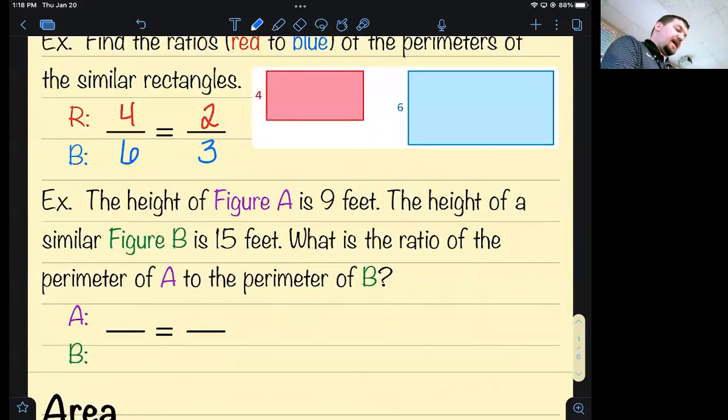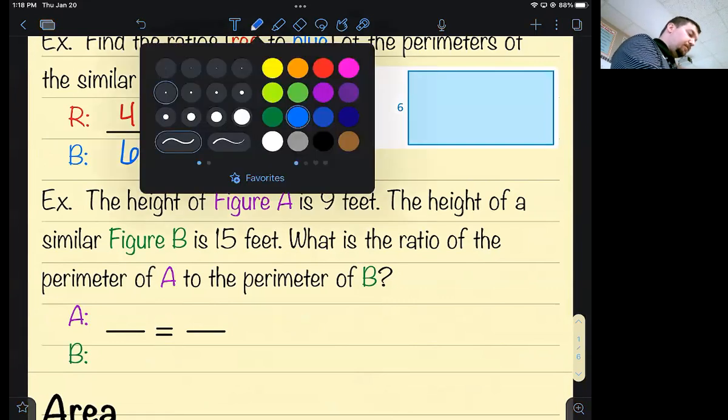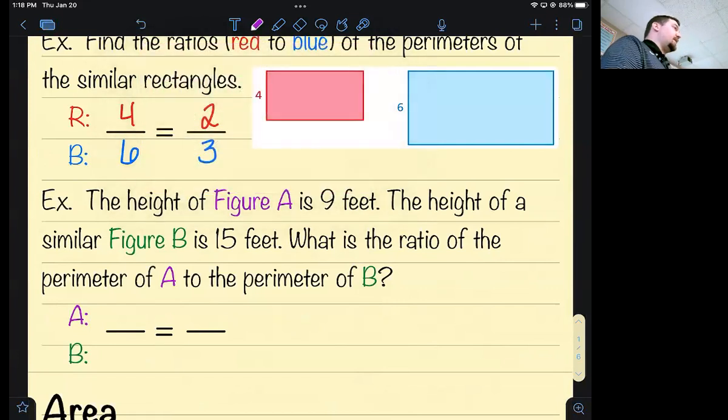The height of figure A is 9 feet. The height of figure B is 15 feet. It's similar. So I know that the ratios should be proportional. What is the ratio of the perimeter A to perimeter B? So let's start with the heights again. Just like we started with the widths of these rectangles, let's look at the heights.